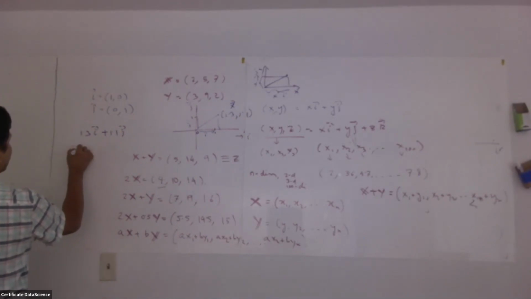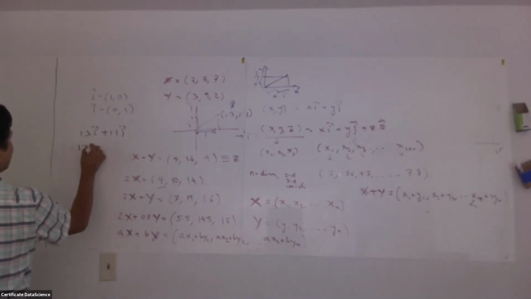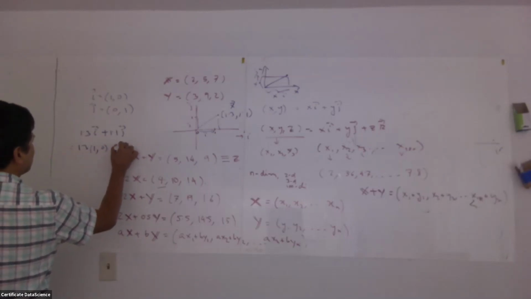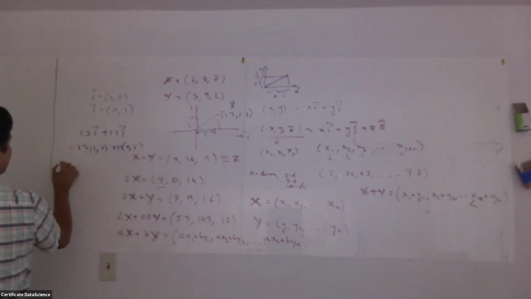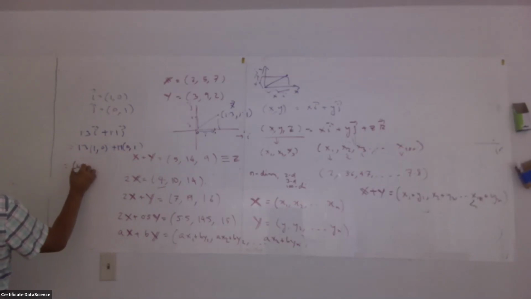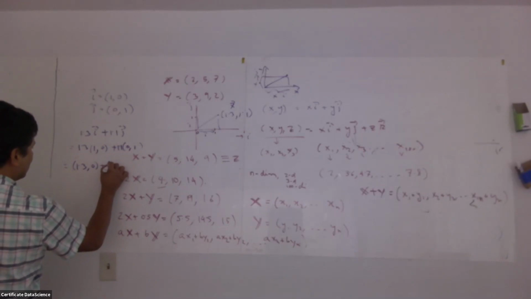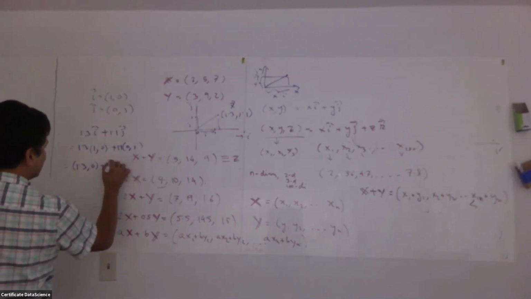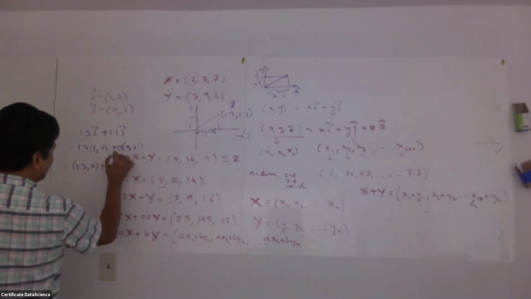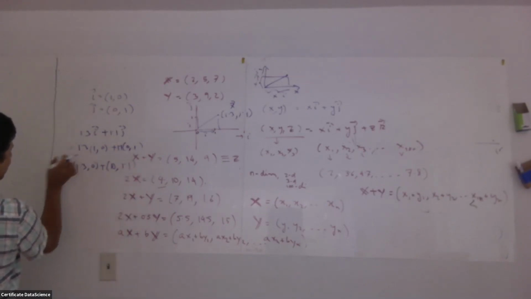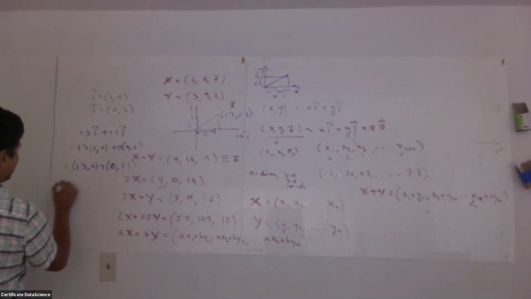1.3 I I can write as 1, 0, and 1.1 J is 0, 1. First one is 1.3 times 1, 1.3, and 1.3 times 0 is 0. 1.1 times 0 is 0. 1.1 times 1 is 1.1. And then I am adding it. This is 0 plus 1.3.